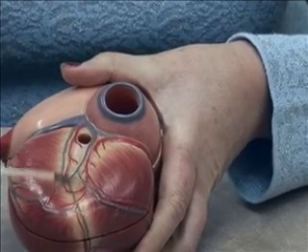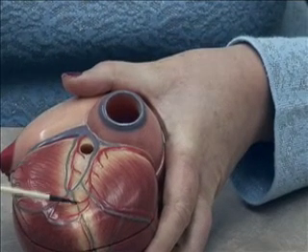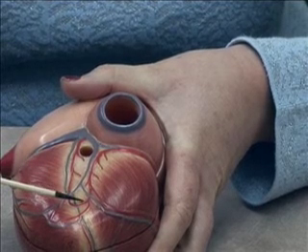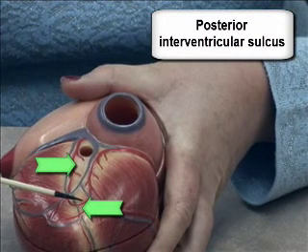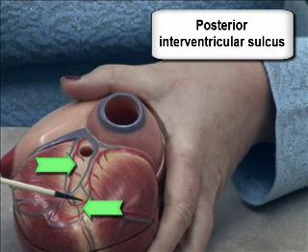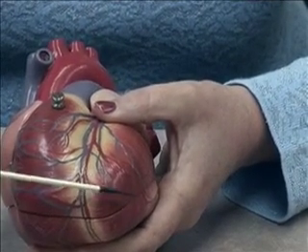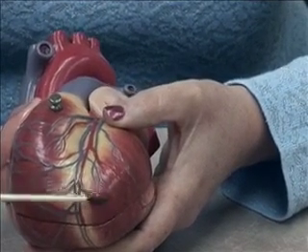There's a similar depression on the back that separates the ventricles, also with some large vessels in it. This is the posterior interventricular sulcus. At the bottom of the heart, it comes to a small point. That's the apex of the heart.